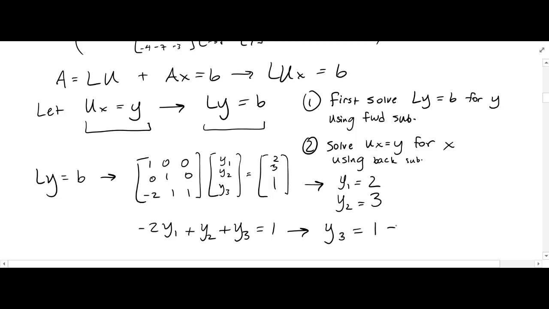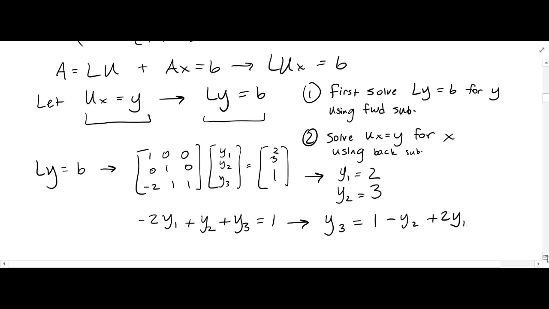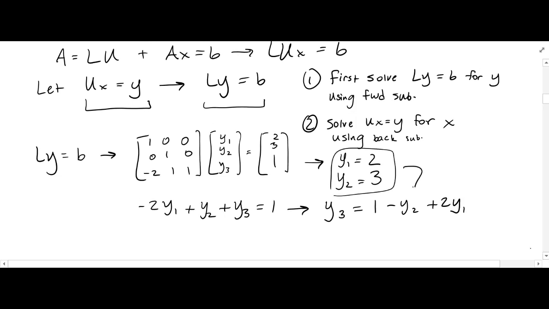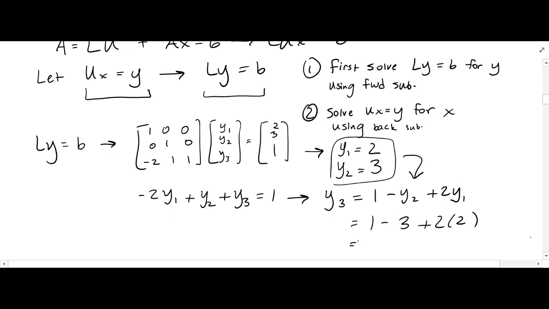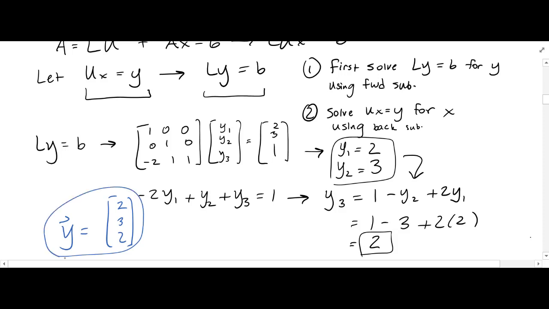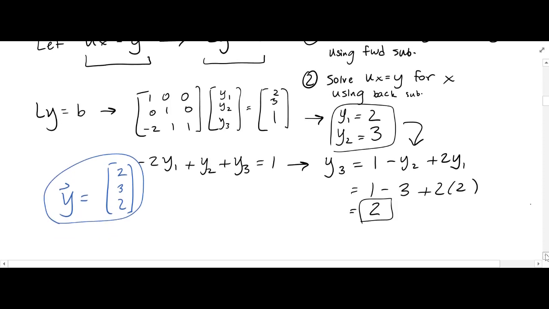And so if we solve for y3, we get y3 equals 1 minus y2 plus 2y1, which if we substitute these in here, we get 1 minus 3 plus 2 times 2 for y3, which is equal to 2. So that means that the vector y is equal to 2, 3, 2.